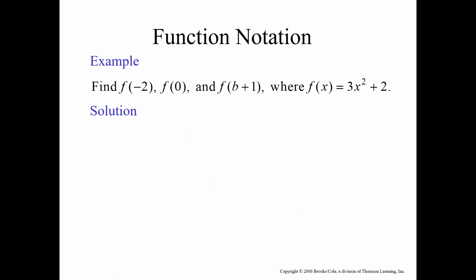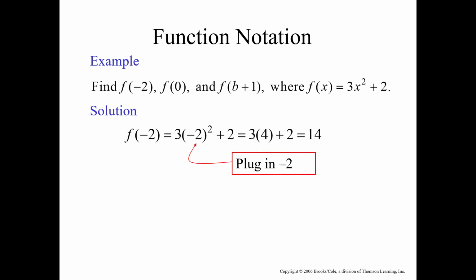Now, function notation example. So what is f of -2, f of 0, f of b plus 1 in the equation 3x squared plus 2? So what do we do? Now, we are picking the various domain values as -2, the value 0, and the value b plus 1, and want to find the range. So when we substitute -2, we get 3 times (-2) squared plus 2. So here my range is 14. When we substitute the value 0, we get 3 times 0 squared plus 2.